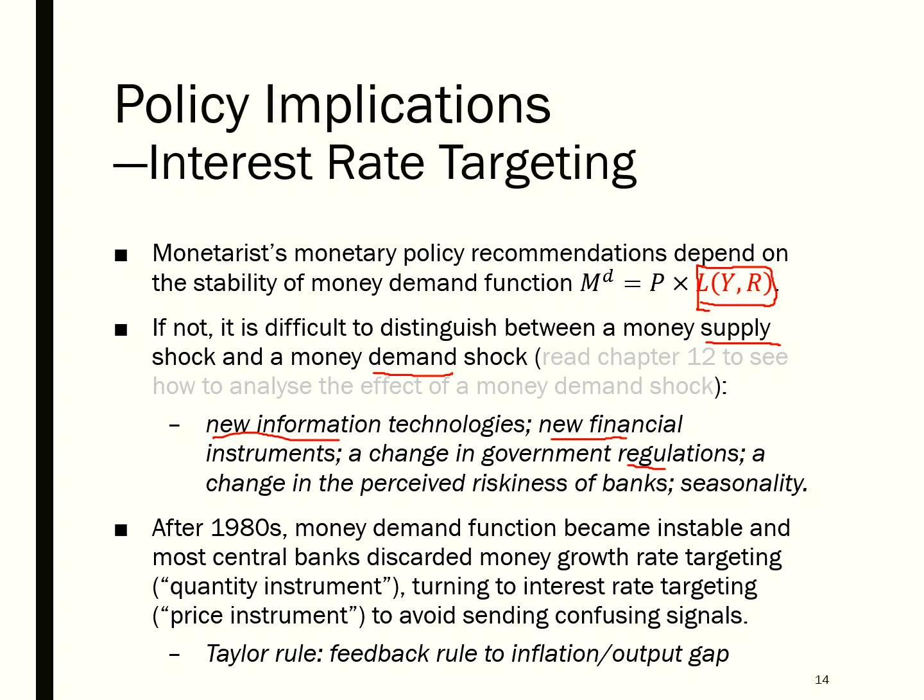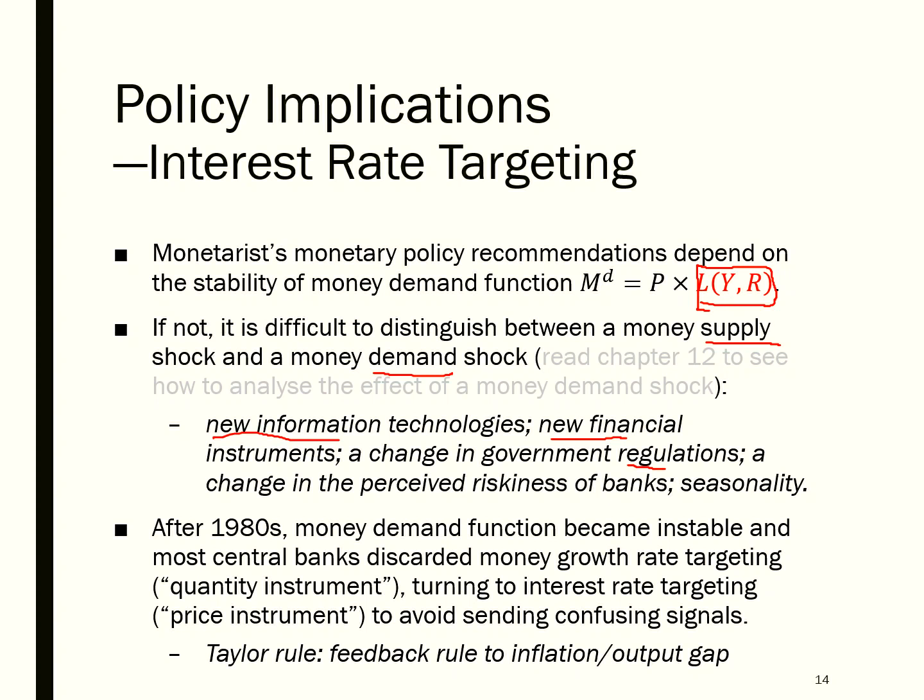They then turned to interest rate targeting, or a price instrument, because interest rate is the price of capital. They try to use a more robust instrument to avoid sending confusing signals. Because if you are relying on Friedman's suggestion, then the money growth rate is stable, but the interest rate will be very unstable.